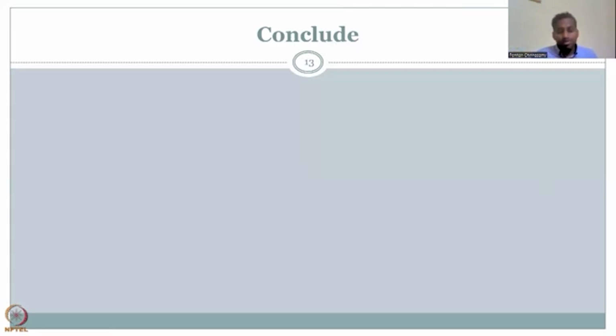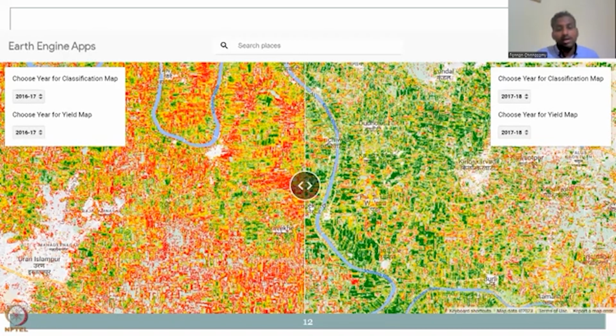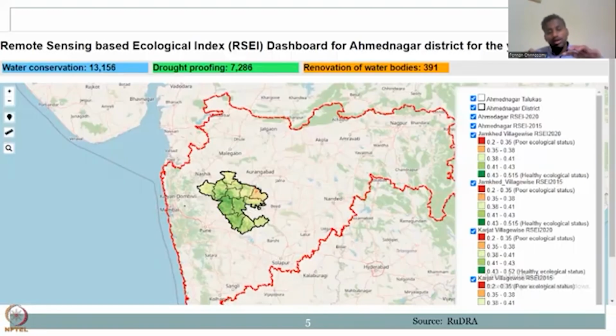You should convert them to indicators, and then we saw that indicators are not enough. It has to be in a dashboard, so that you can readily visualize what the issues are in these districts, Ahmednagar and Jamshad, village wise, and then look very specifically for precise management practices.